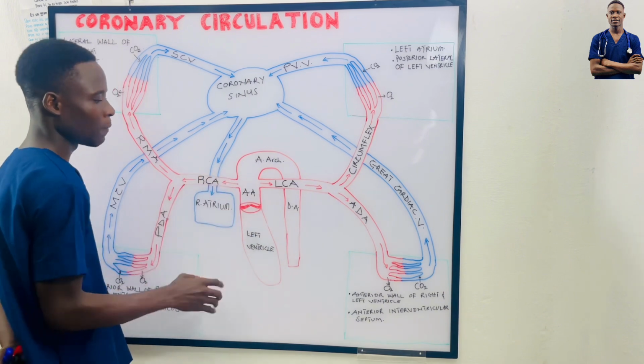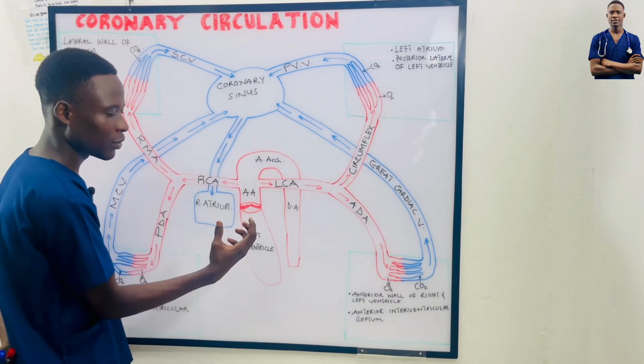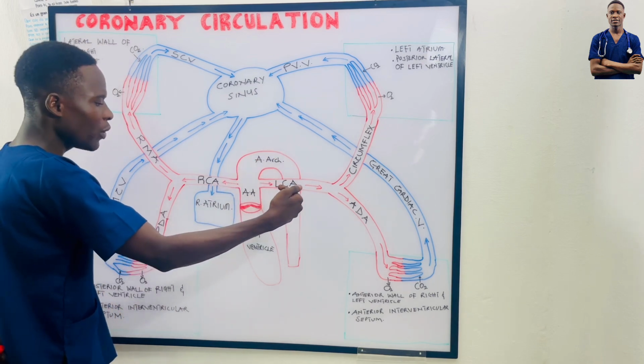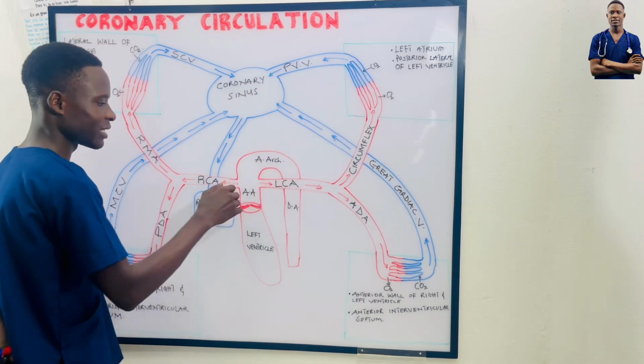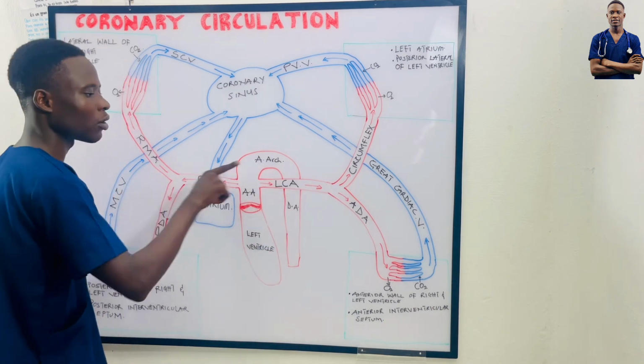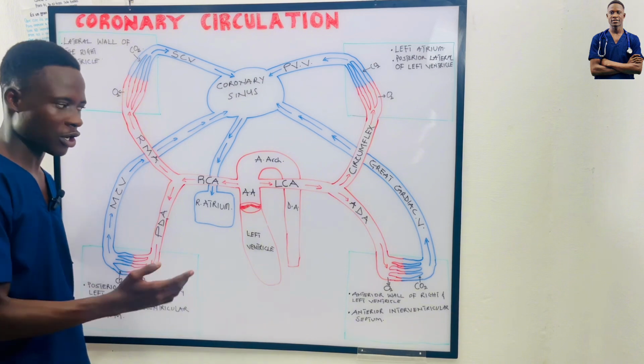So what happens is, when the heart is relaxing, which is in the diastole, they also open up, and when they open up, it gives them free space, so that blood will flow to the myocardium. Do you understand?